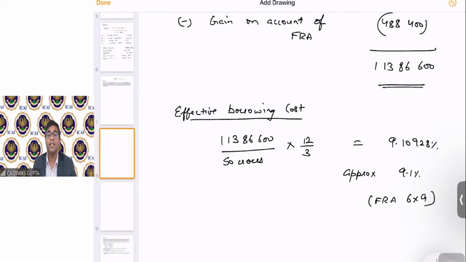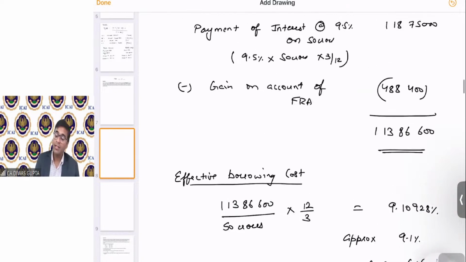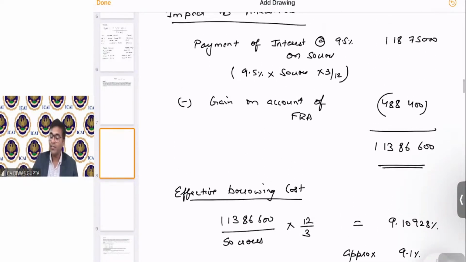Correct? So hence it is proved that your ultimate borrowing cost will be fixed at 9.1%. That means you are hedged against the risk of actual interest rate going up. The actual interest rate has gone up to 9.5%. However, because you have entered into this FRA, still you are able to enjoy the borrowing at 9.1%, students.